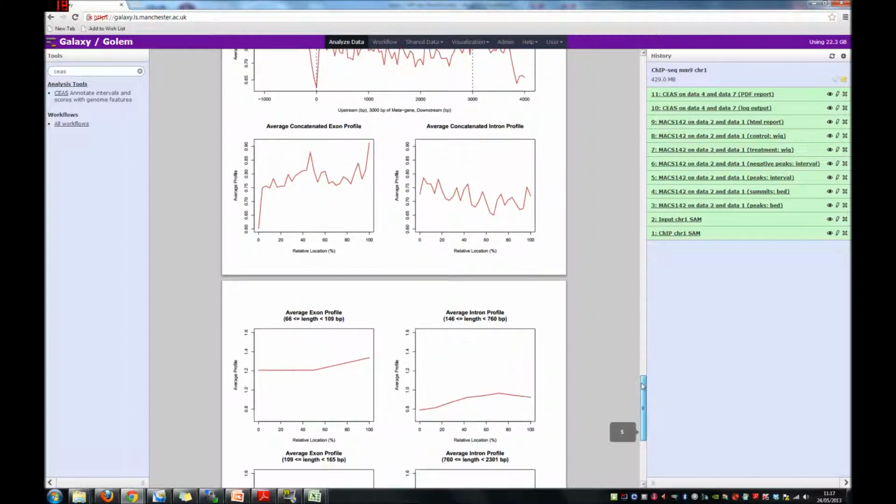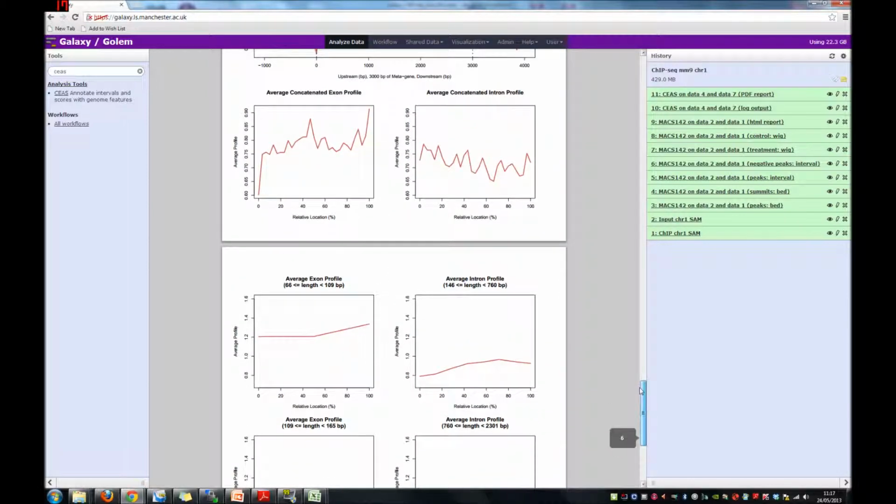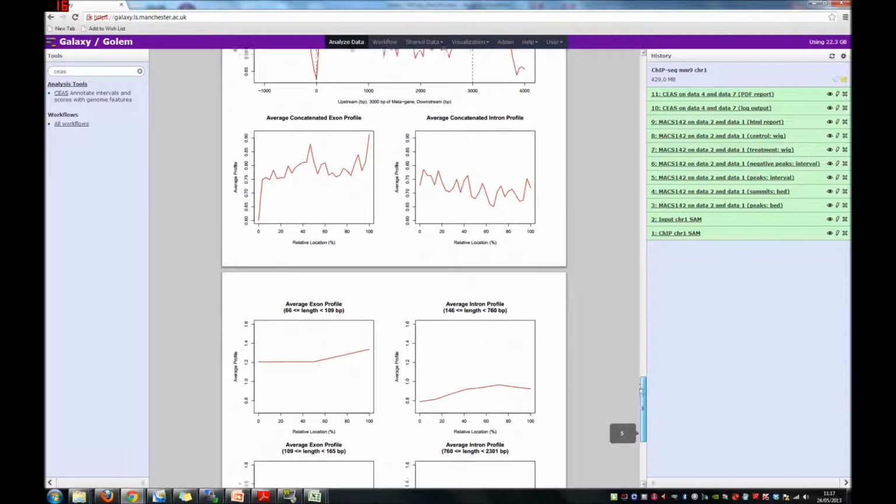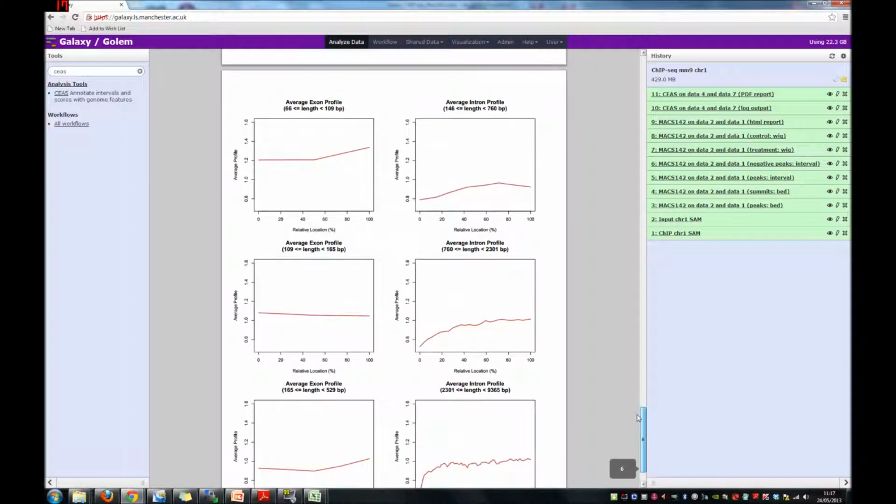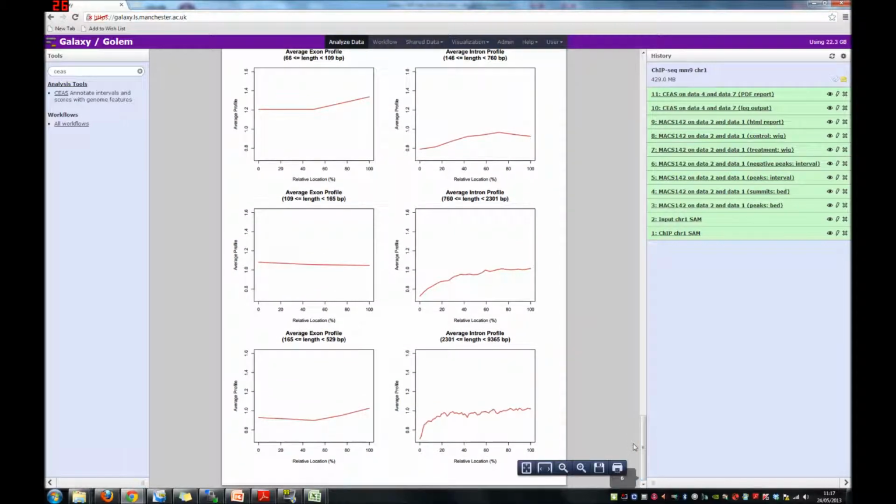And then there are these plots to do with whether there's particularly more fragments over different portions of introns or exons.